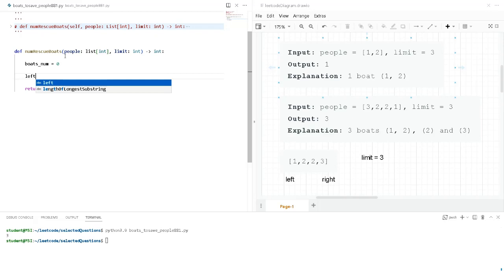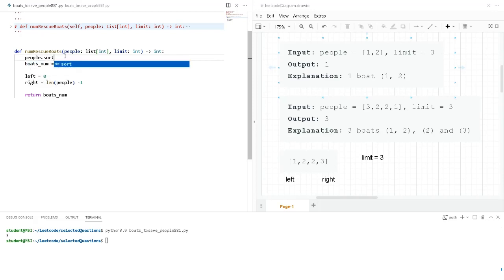And left will be 0, and right will be the length of people minus 1. And don't forget to sort the list of people in ascending order, so this is just much easier to handle.